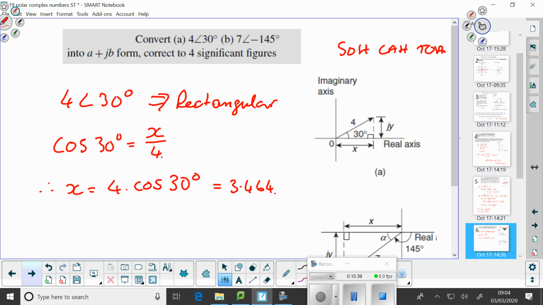Yep. And then, therefore, how do I find y? Opposite side, hypotenuse. All lost your tongues this morning? Sine. Sine 30 degrees is equal to y over 4.